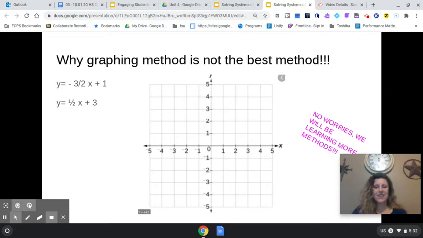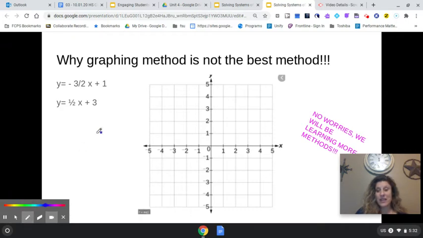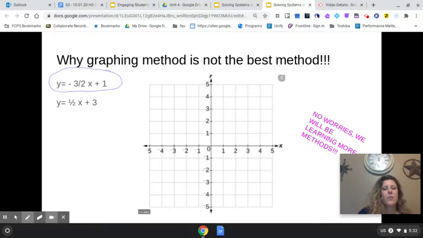Okay, here's the next example. Both of these equations are in slope-intercept form, so that's really nice. The first one I am going to graph in blue. We have a y-intercept of positive 1, and the slope is negative 3/2. I'm going to mark a couple more points by going down 3 and right 2, or up 3 and left 2. So there is my first line.